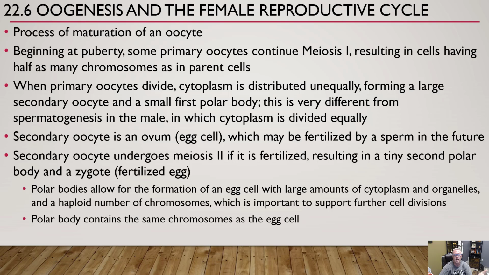At the end of meiosis 1, we have cytokinesis, and cytokinesis is where the cell divides. So we're going to have 23 chromosomes, half as many chromosomes as the parent cell. However, that cell doesn't split right down the middle.